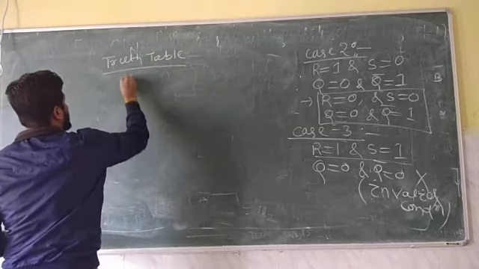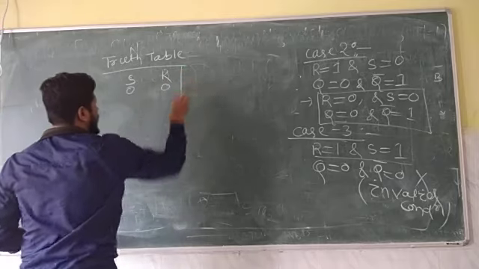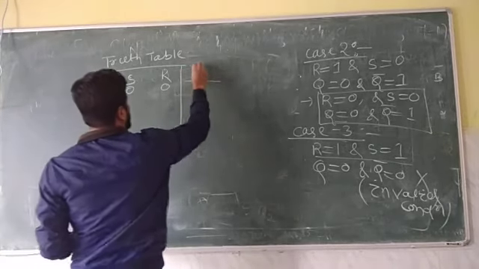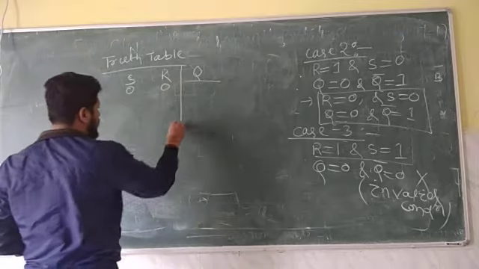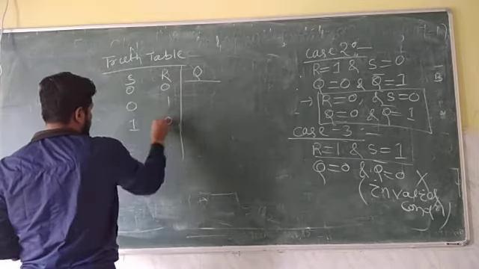So the truth table has your S and R, with output Q. The inputs are 0 0, 0 1, 1 0 and 1 1.